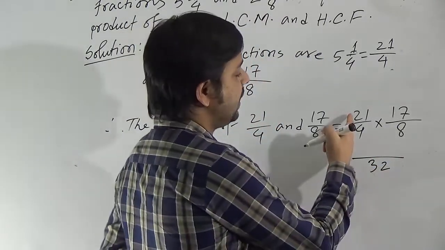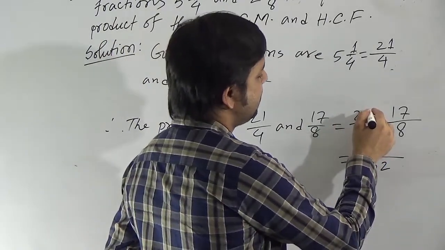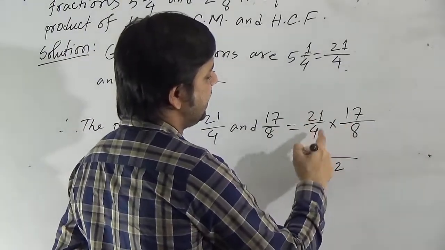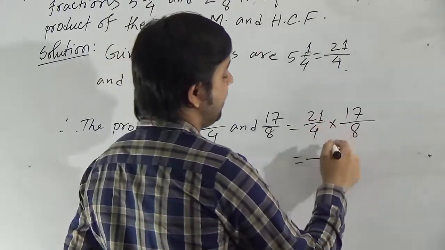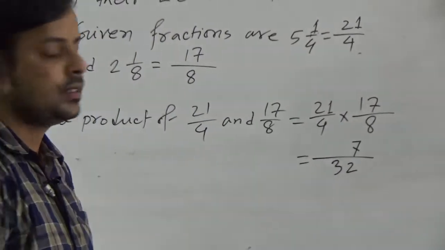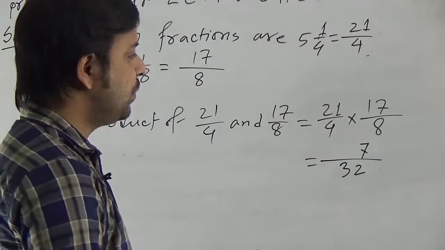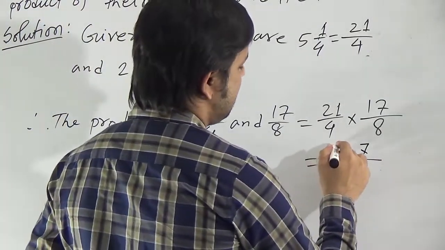Now we have to multiply 21 and 17. We can multiply easily here. At first I will multiply 1 by 17. 17 ones are 17, so we can write 7 here, 1 left. Now 17 2s are 34 and 1, that is 35.